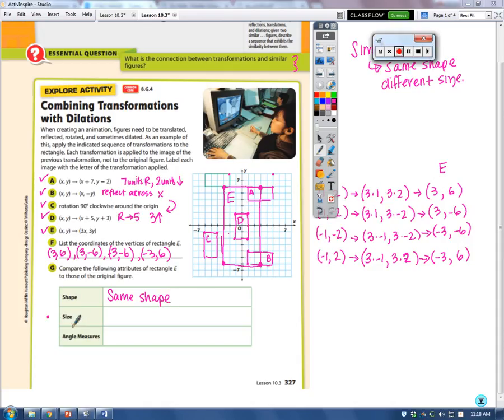So how does the size of E compare to our original? Well, it was dilated by a scale factor of 3. So we could say something like the side lengths of E are 3 times the side lengths of the original, right?